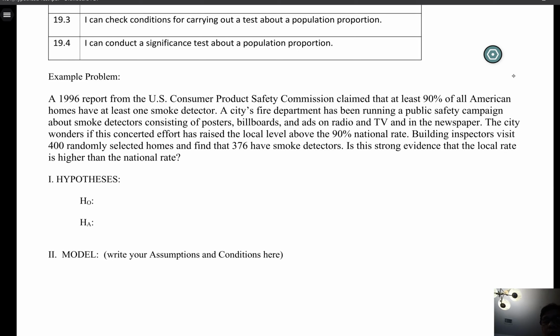We are given right here that at least 90% of all American homes have one smoke detector. And then a city's fire department has been running a public safety campaign about using smoke detectors. The city is now wondering if the campaign has been effective, such that the city's rate is above the national rate.